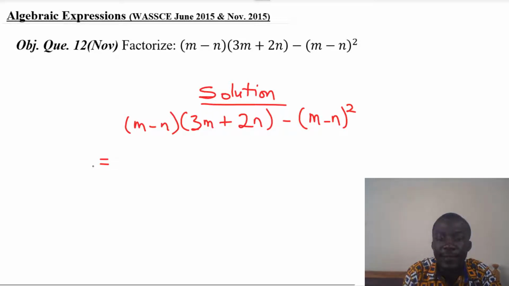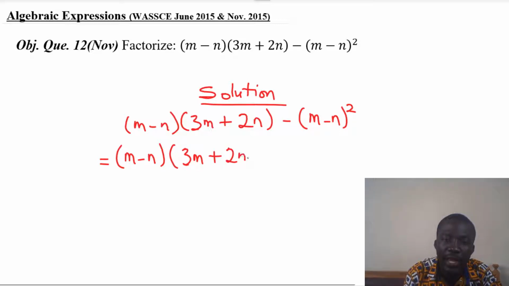To factorize this, we have to find a common factor, and we know that we can express the square differently. Let me begin from m minus n, bracket 3m plus 2n, minus m minus n multiplying another m minus n.